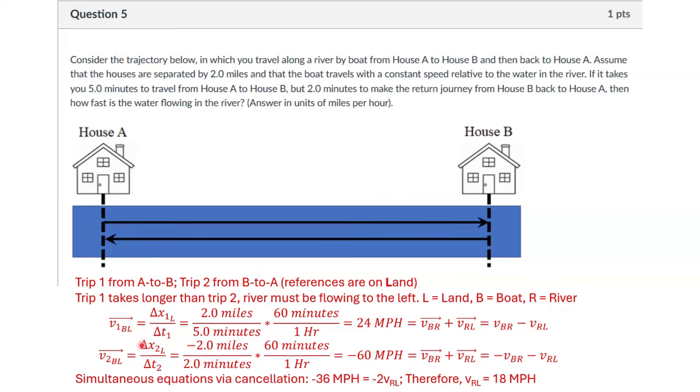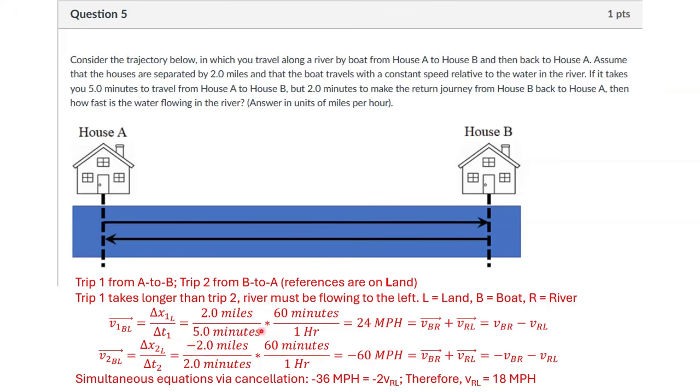Okay, so what we know is that the velocity of trip 1, which is measured between the boat versus land, right? That's you in the boat traveling versus the land reference points, is equal to the displacement you accomplished relative to land divided by the amount of time in the first trip from A to B. And that would be 2 miles to the right in 5 minutes.